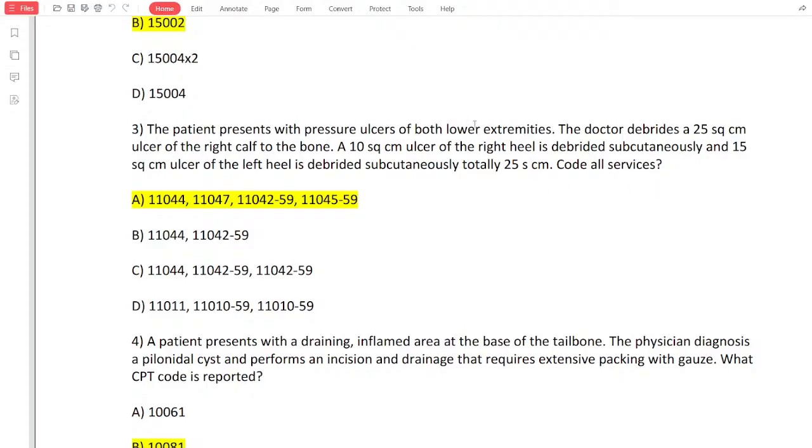So here, check the codes one by one. 11044 is the first code. 11047 is next. 11042 with modifier 59 also. 11045 with modifier 59 also. So each and every service has to be coded. Note down, guys.